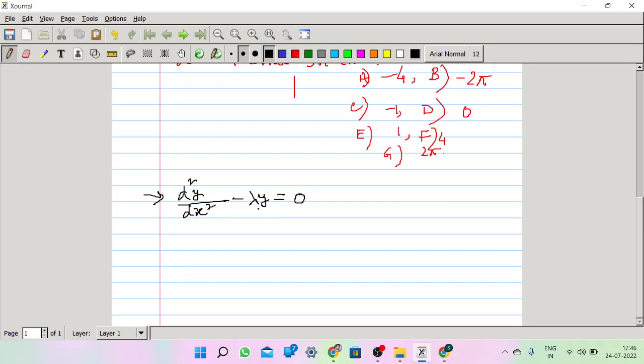Now we know that for this type of equation, let y equal to e power mx be a trial solution of this equation.